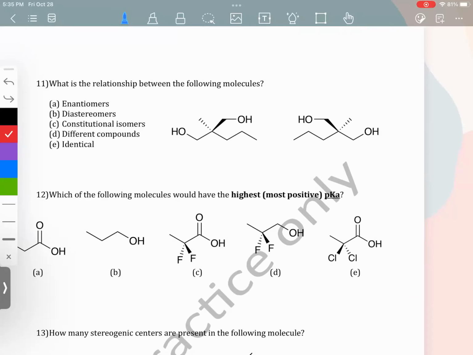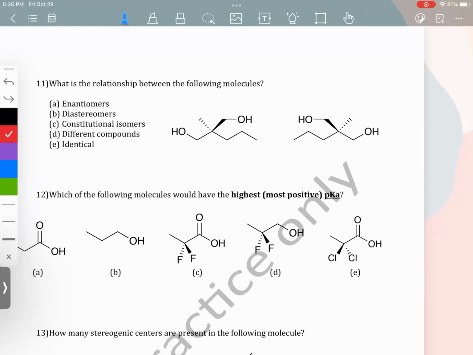What is the relationship between the following molecules? So, A, enantiomers. Remember, enantiomers are molecules that are chiral. And for chiral molecules, they have to have what? R and S conformation? Yeah, they have to have stereogenic centers.